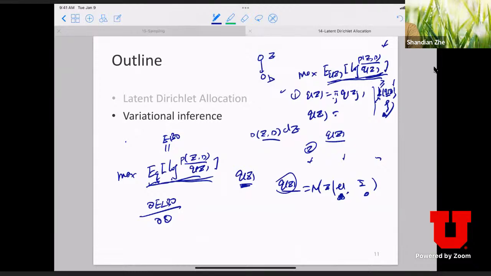If you can view your objective function as an expectation of some random variable, here we can view this log fraction as a random variable. Why? Because it contains Z, and Z obeys this posterior Q of Z. So this log fraction is essentially a function of a random variable, still a random variable. So to maximize this, we can try to compute a stochastic estimate of the gradient.